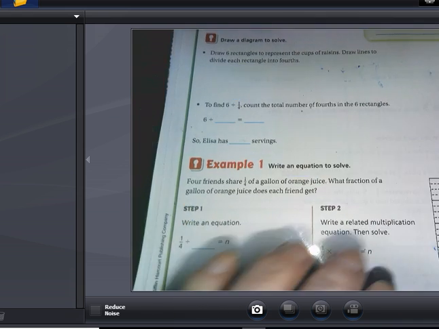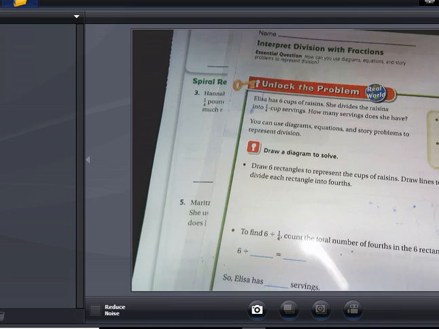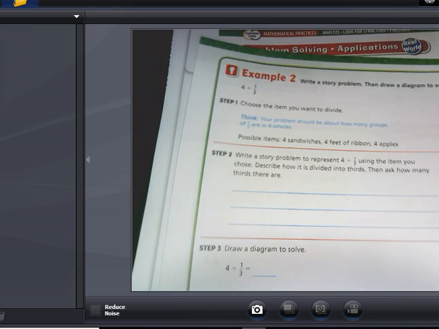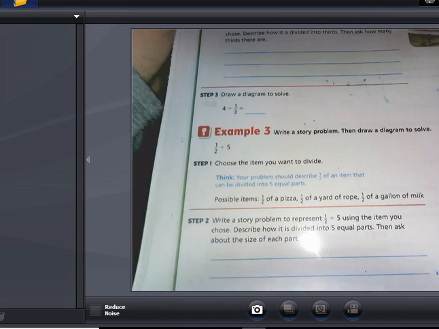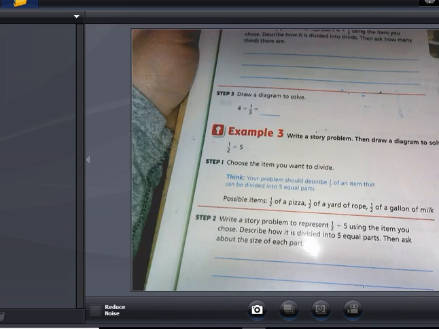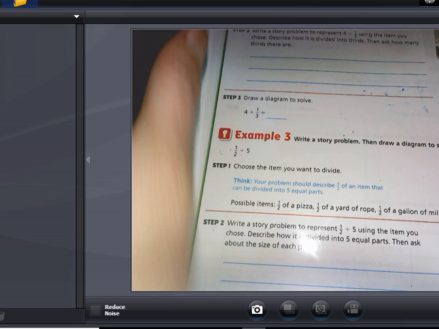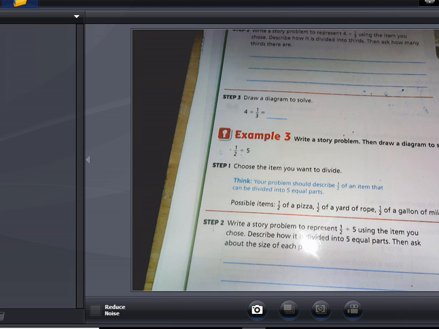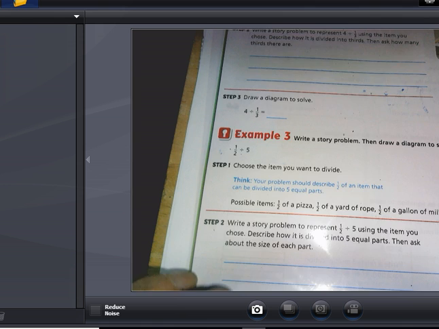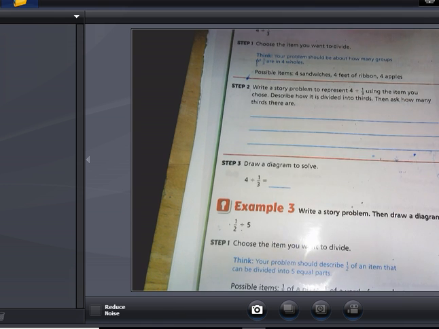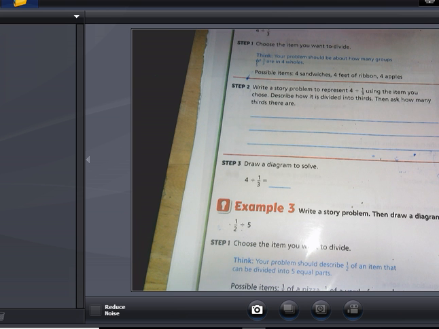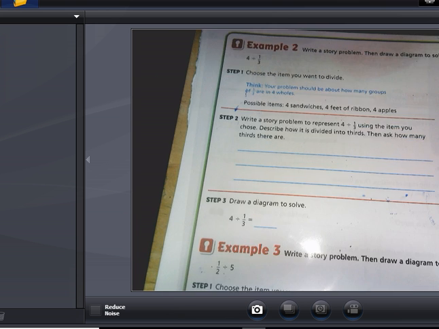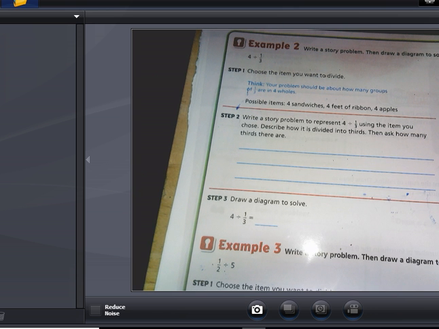Another story problem for us. This time we get to write our own story problem. So I have 4 divided by 1/3. They give you some ideas on what you could use. I'm going to say I have 4 sandwiches and I'm going to cut them into thirds. If I cut them into thirds, how many equal parts will I have?